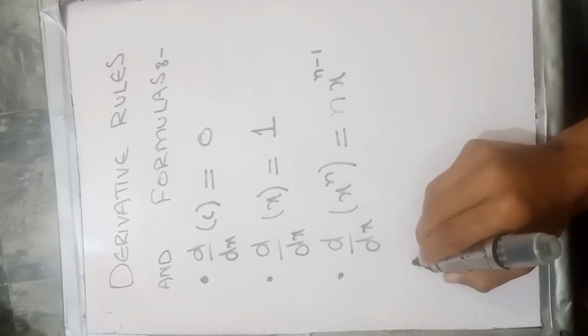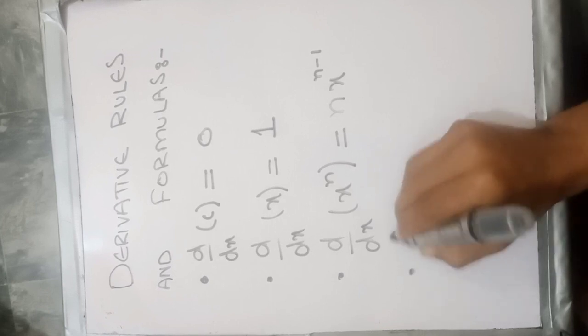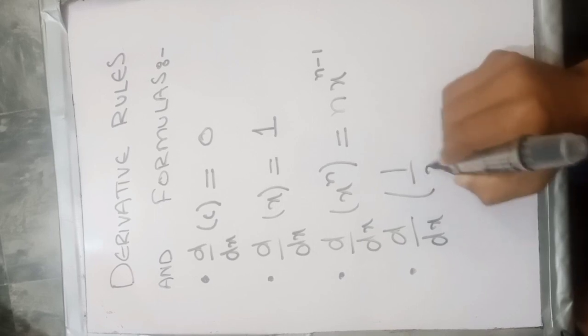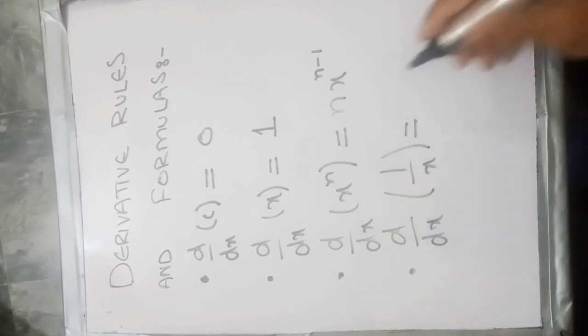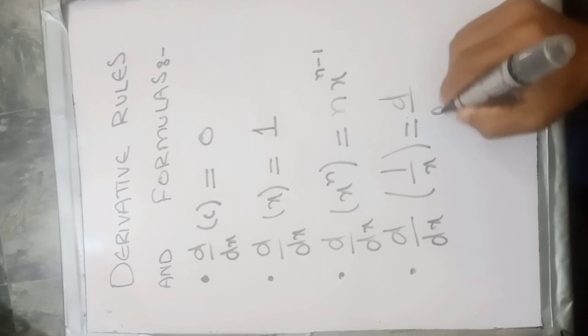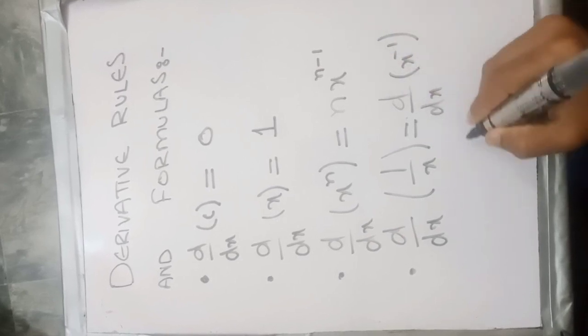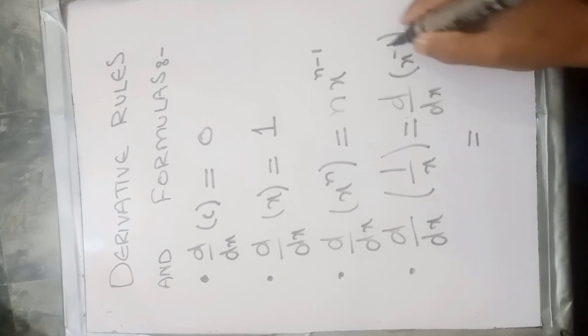After that, if we want to find the derivative of 1 over x, we just need to differentiate it with respect to x, which is x to the power minus 1. So what will be the change?